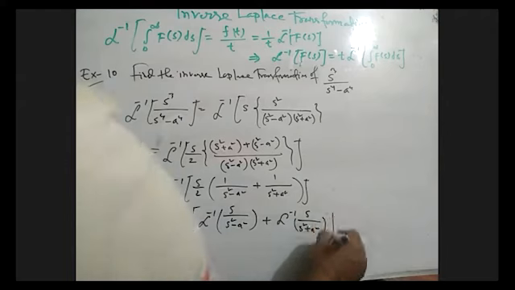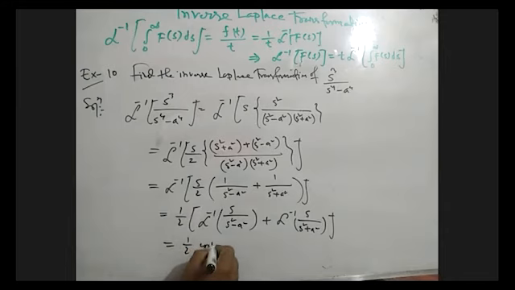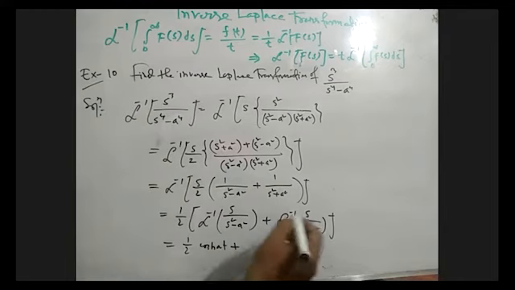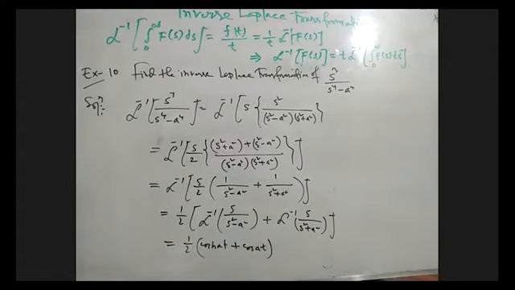Just using the formulas from the chart, we can write cos hyperbolic at, cos hyperbolic at plus, this will be cos at only, because of the plus sign. So this is the result for finding by the partial fractions method.